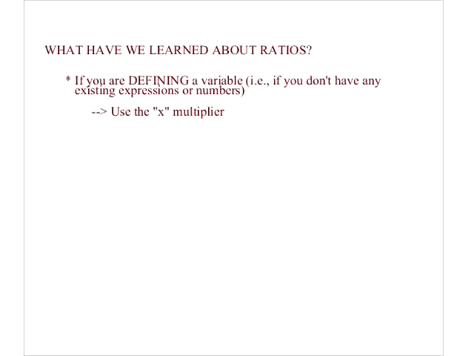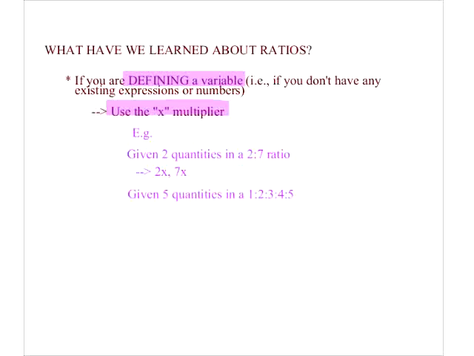So if you're going to define a variable, use the multiplier. As an example, if you are given two quantities in a ratio of, say, 2 to 7, then you just call them 2x and 7x. Not limited to two quantities. If you're given 5 quantities in a ratio of 1 to 2 to 3 to 4 to 5, then you would just call those x, 2x, 3x, 4x, and 5x.